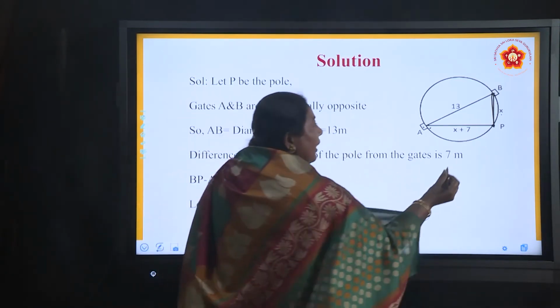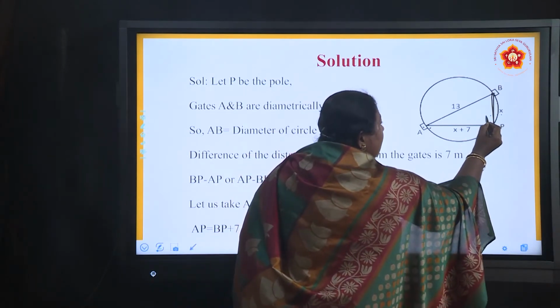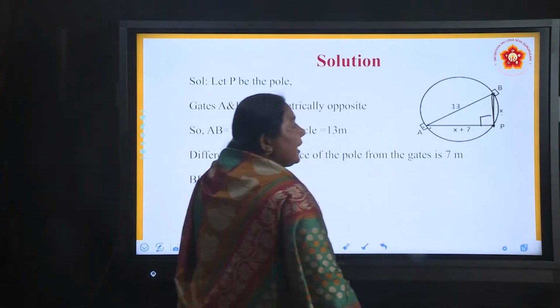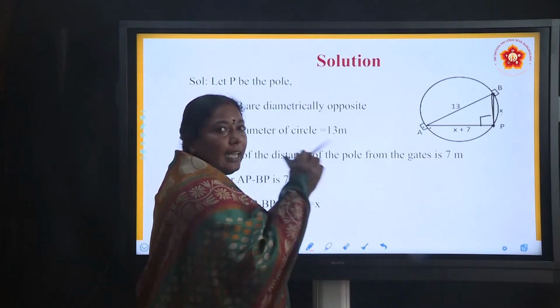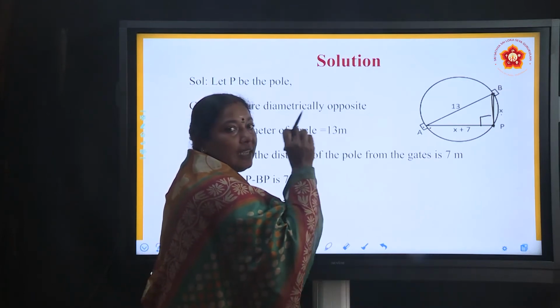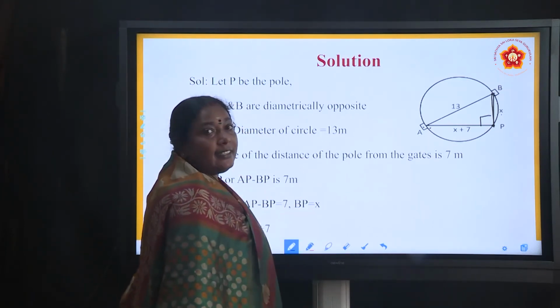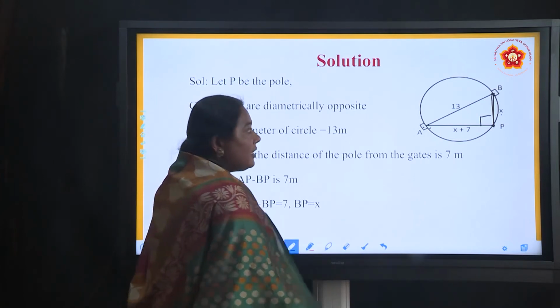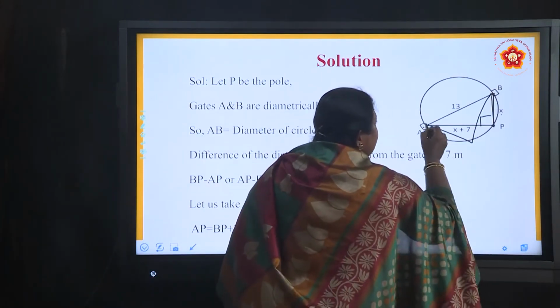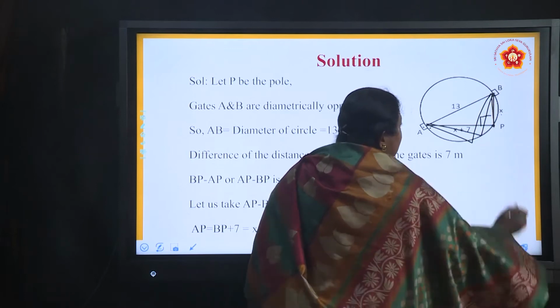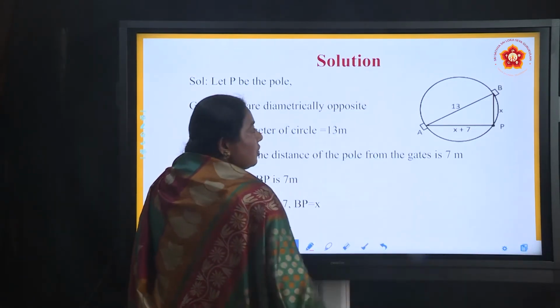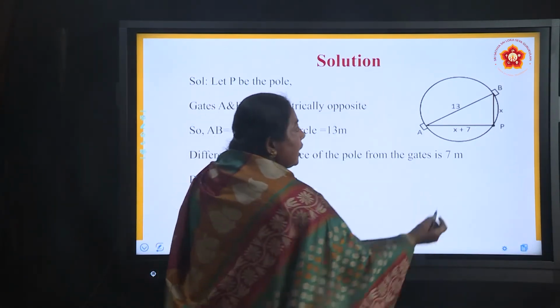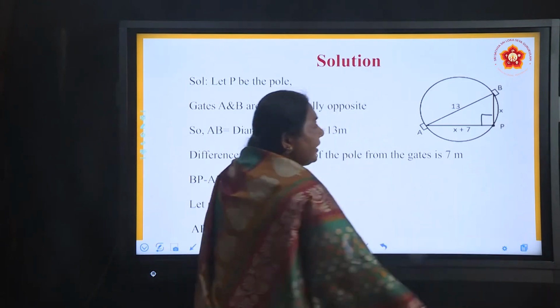Yes, it is possible to find, because in the 9th standard we have the property that if lines from the ends of a diameter meet at a point on the boundary, they create an angle of 90 degrees, always. If it is here also it is 90 degrees, if it is here also it is 90 degrees. That is the property we learnt in the 9th standard. On the basis of that, this is 90 degrees.